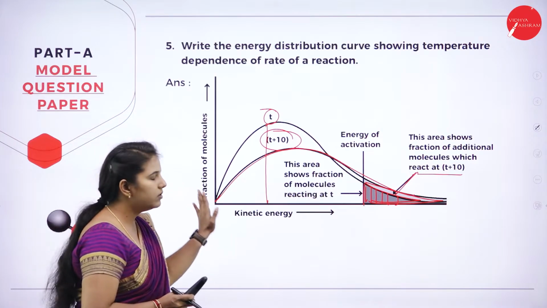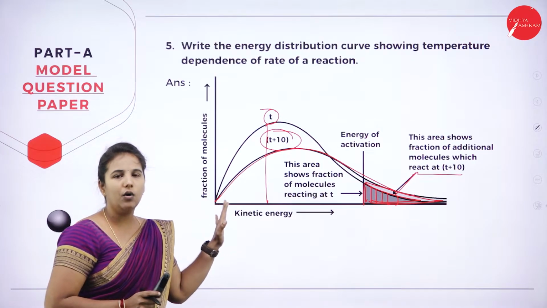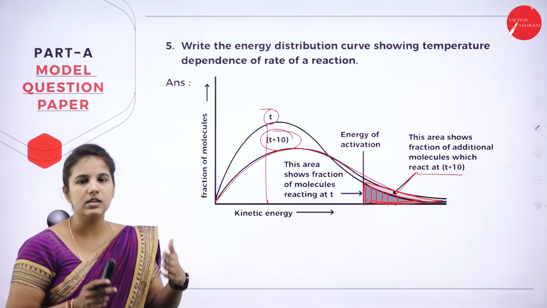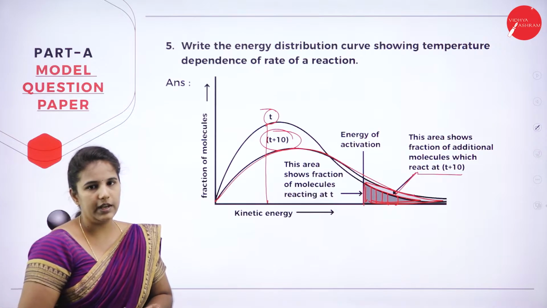This is the graph that you need to show, how the temperature dependence increases or decreases the rate of the reaction.